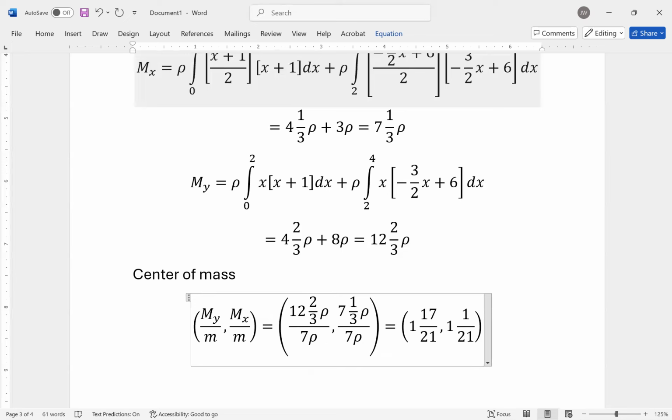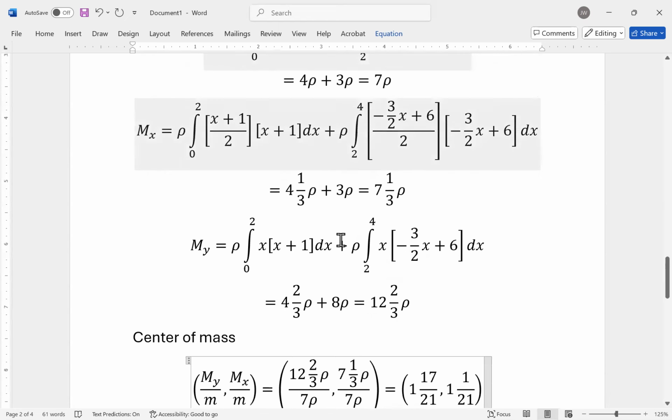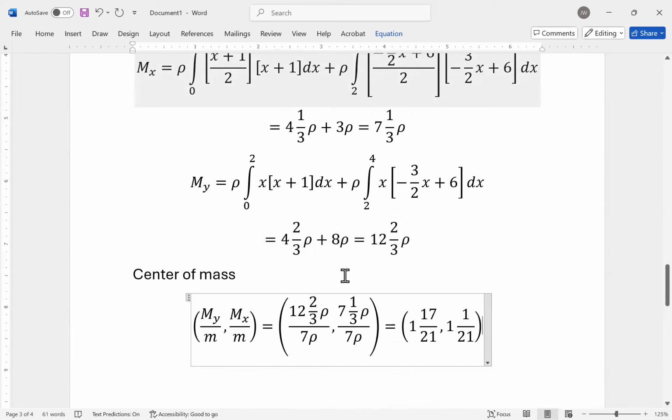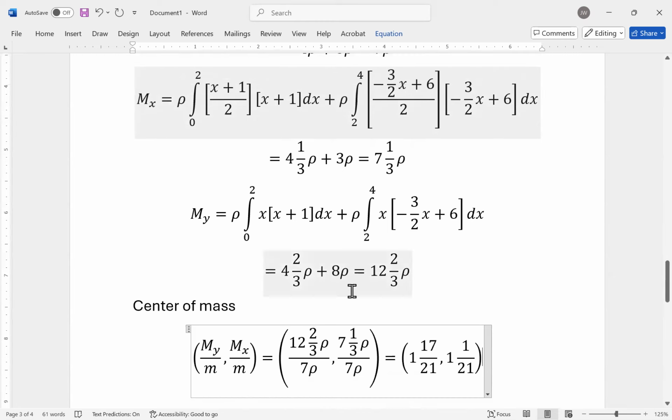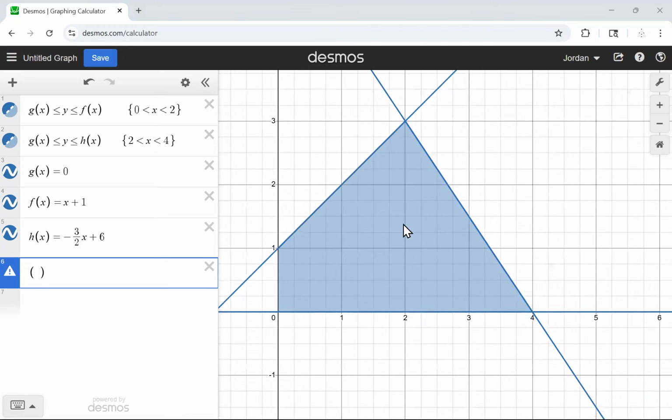You get these fractions with denominators of 21. And we can go up here and look and see if that makes sense. I don't know if that does. We'll see. I did this on my calculator, but you could have also just kind of eyeballed it based on this picture that we are given.